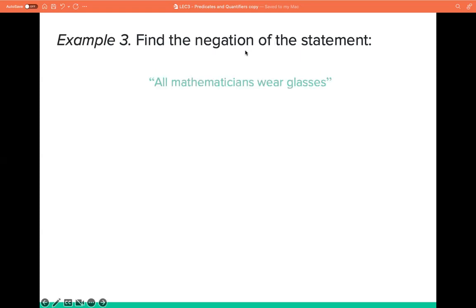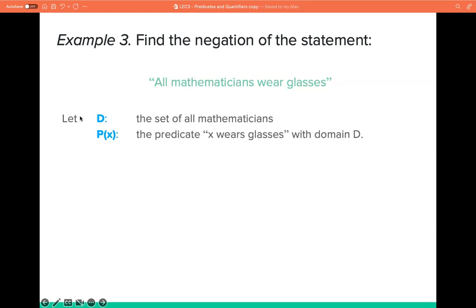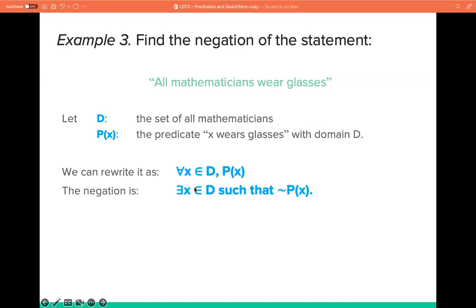Let us find the negation of the statement all mathematicians wear glasses. Suppose the domain is the set of all mathematicians, and we have a predicate P of x such that x wears glasses. So we can rewrite the statement as for all x in D, P of x. The negation of the universal quantification is there exists x in D such that not P of x.